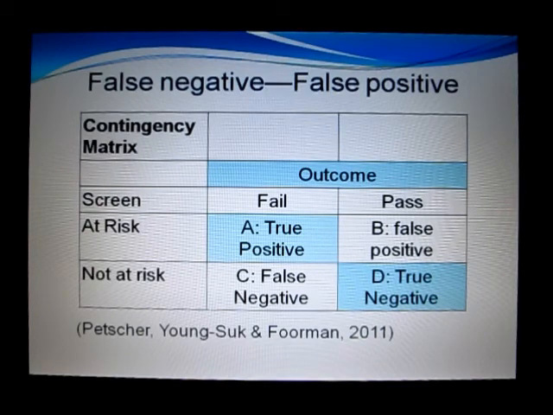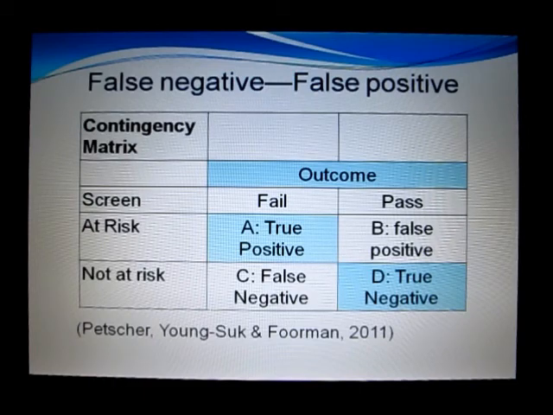So within this matrix you can see that you have a desired outcome, which you want your students to be able to do, and you screen them using one of the universal screeners. And you have students that fail your screener, and you have students that pass your screener. So within this, you wind up with these four pools, essentially, of students.